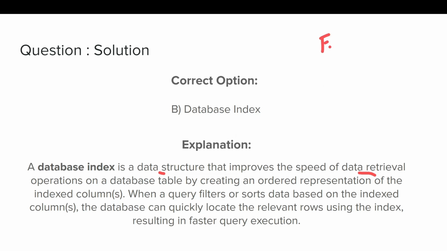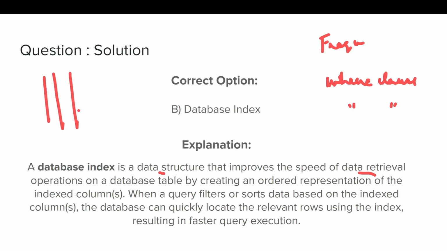So you have frequently queried columns, right? So in some cases, we have a where clause. And in where clause, whatever column we are using, that column we try to put up on the index, because we know that again and again that column needs to be used. So it helps us by indexing the most frequently used columns. It helps us to retrieve the related rows from the table in a faster manner, because it creates a data structure around those particular columns and sorts the values within that.